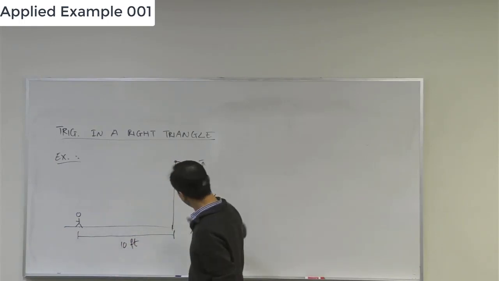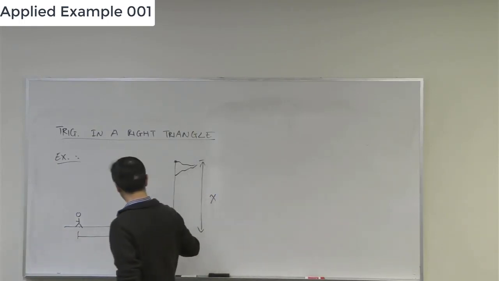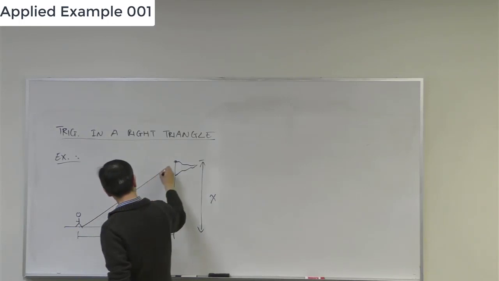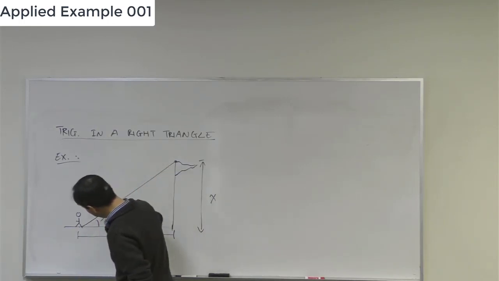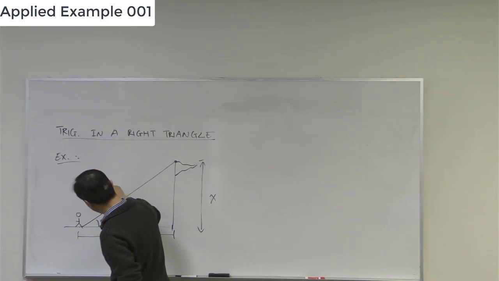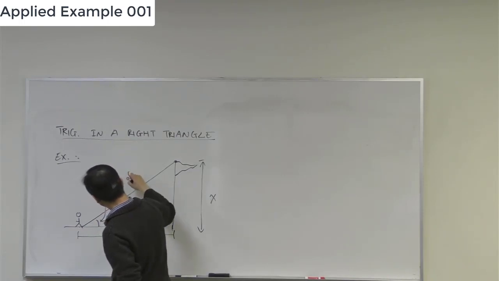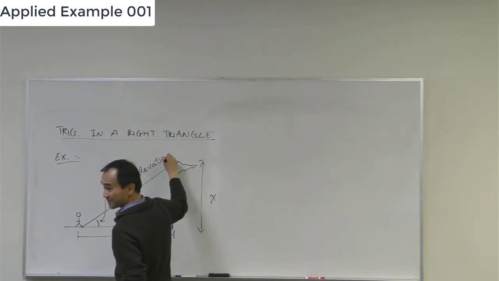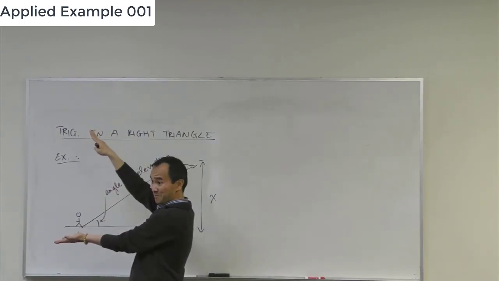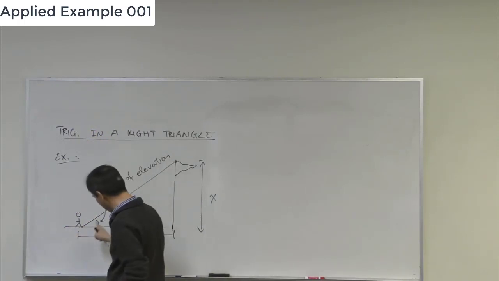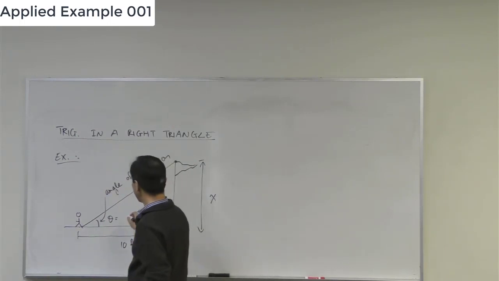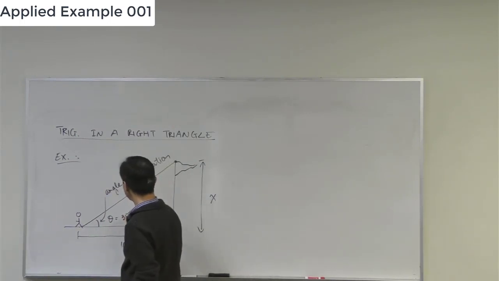Sounds good. So the flagpole here, how tall, how high that flagpole is, we don't know. But this man has a measurement. From where he is, there's an angle. As far as terminology, this angle is called the angle of elevation. Because we're looking up, see what I mean? So from the foot of the man, the angle of elevation here, let's say theta, I'm going to call that, how about 35 degrees?